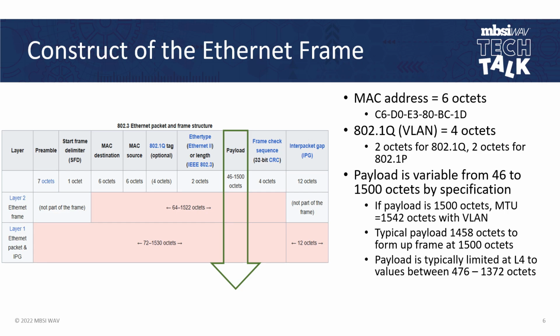So layer 1 has a size anywhere from 72 to 1530 octets. And there's an interpacket gap of 12 octets every single time. Two frames are never put right back to back. There's always a gap, at least 12 octets.